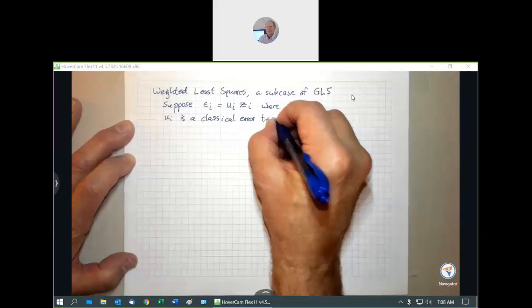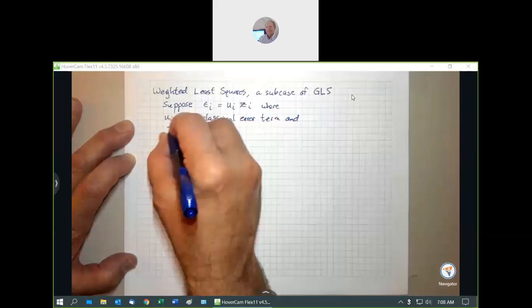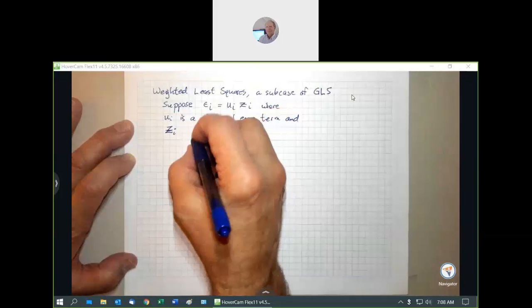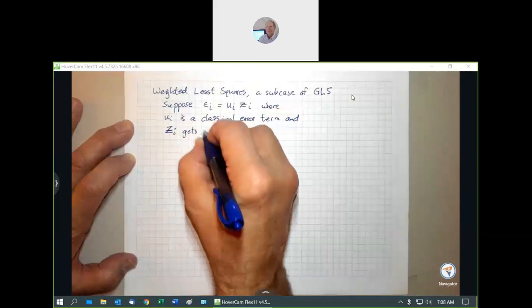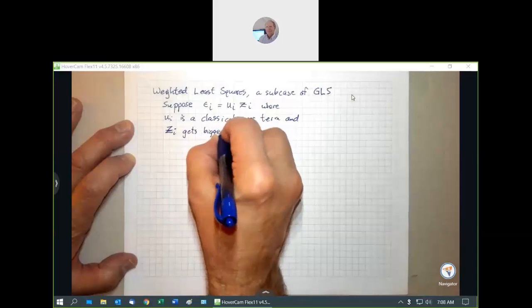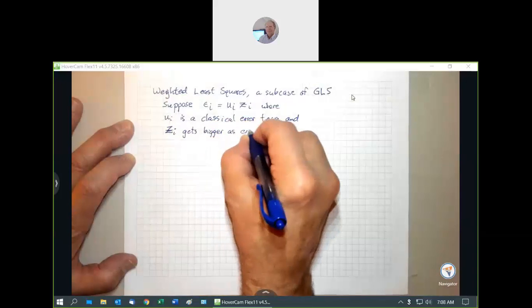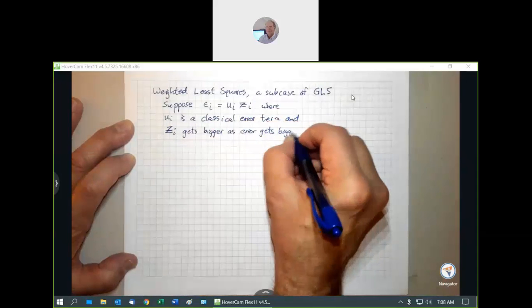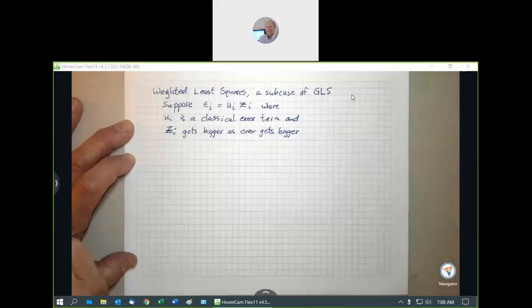And zi gets bigger as the error gets bigger. Zi could be anything thought to be associated with the error.